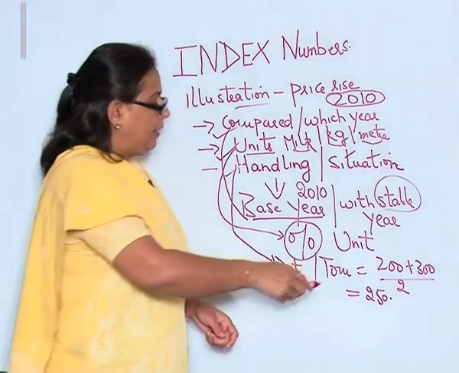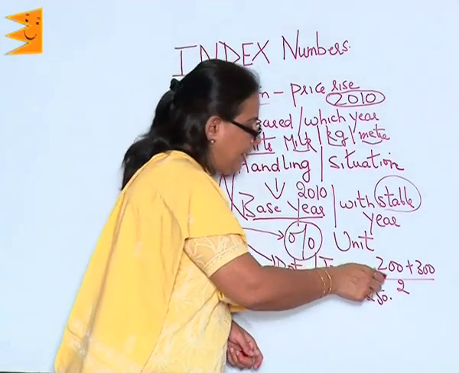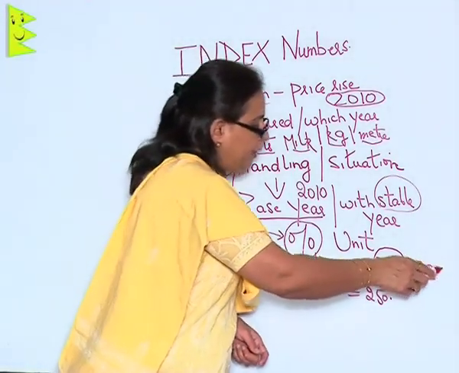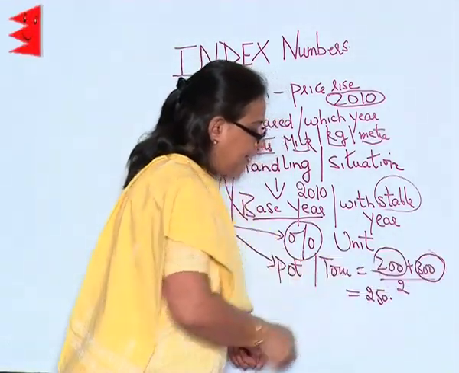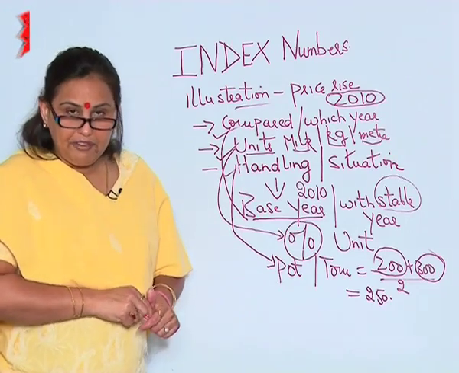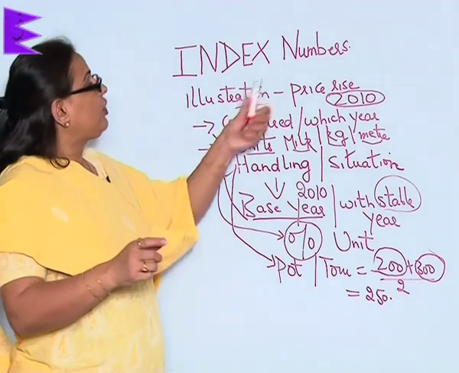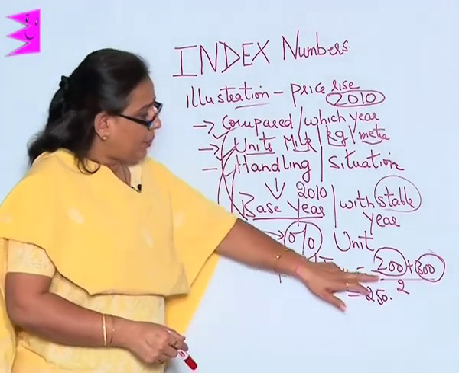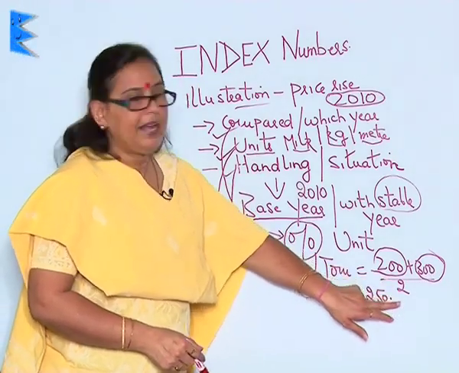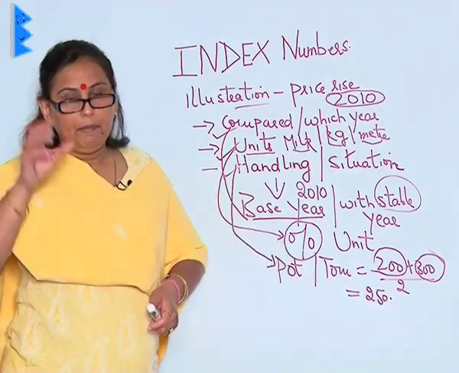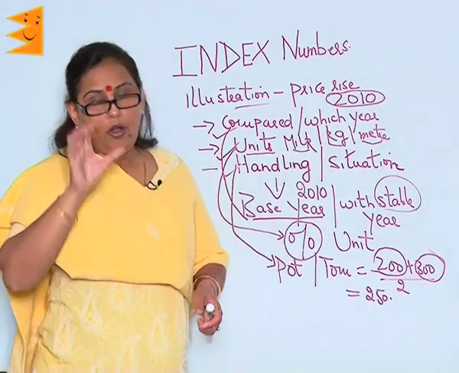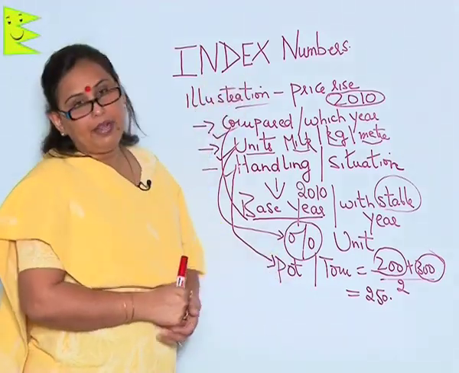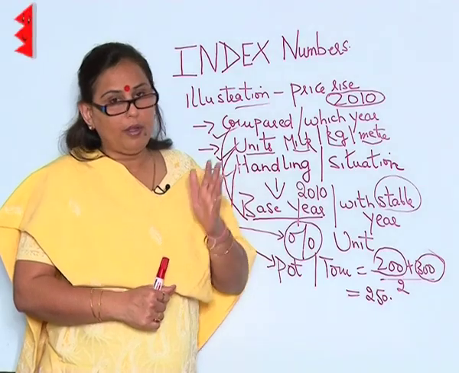For example, the price rise in potatoes is say 200 rupees a quintal, and for tomatoes it is 300 rupees a quintal. Then I am going to take an average of all those commodities which I am going to put up in my particular index number. I am going to add them all, divide by 100, and that shall give me the average figure of the price rise, and thus my index number calculation shall go correctly.